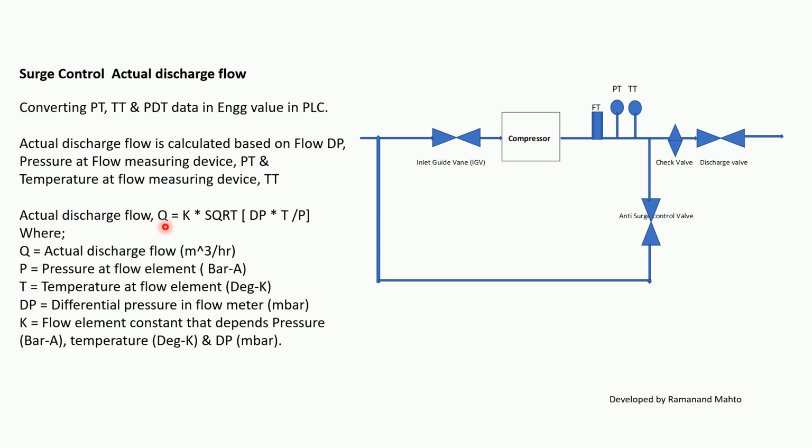So actual discharge flow Q is equal to K into square root of dp into P upon T, where Q is the actual discharge flow in meter cube per hour, P is the pressure at the flow element in bar absolute, T is the temperature at the flow element in degree Kelvin, dp is the differential pressure in the flow meter in millibar, and K is the flow element constant that depends on pressure in bar absolute, temperature in degree Kelvin, and dp in millibar.